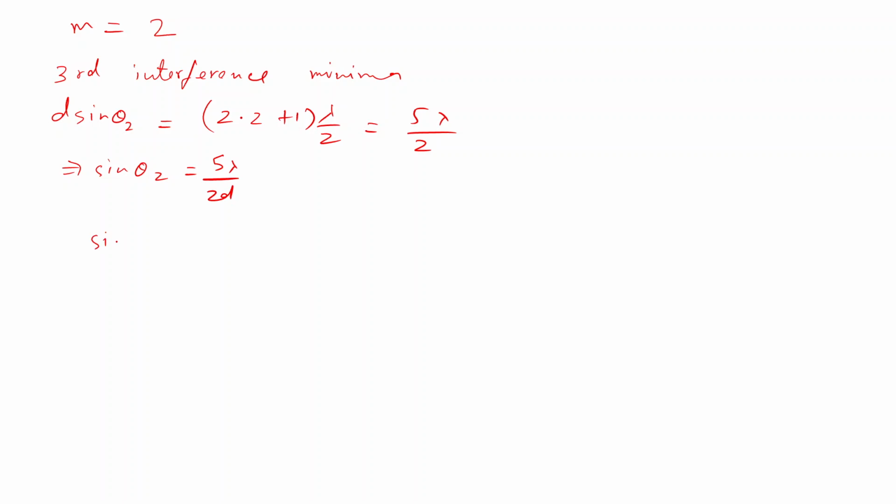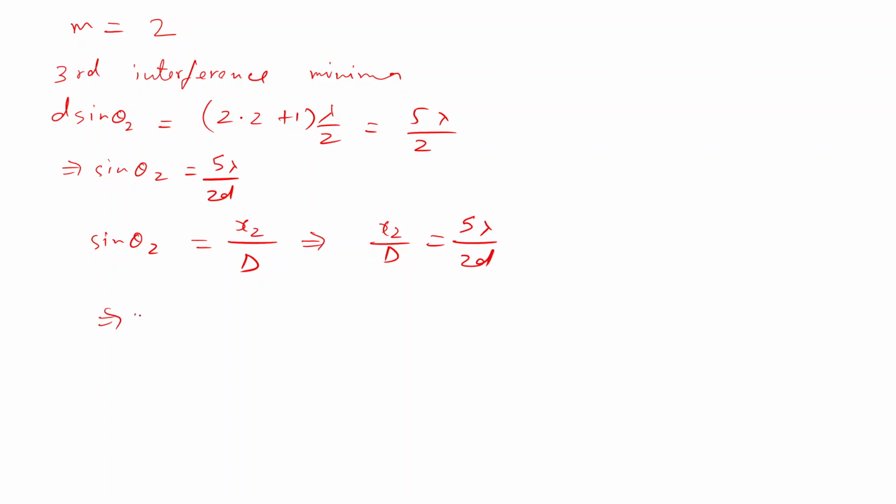Also sin theta 2 is x2 by D. This implies x2 by D is equal to 5 lambda by 2d.